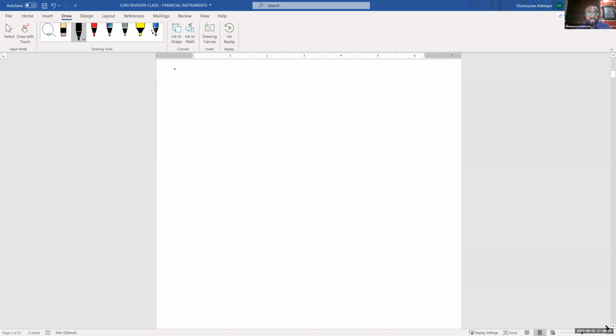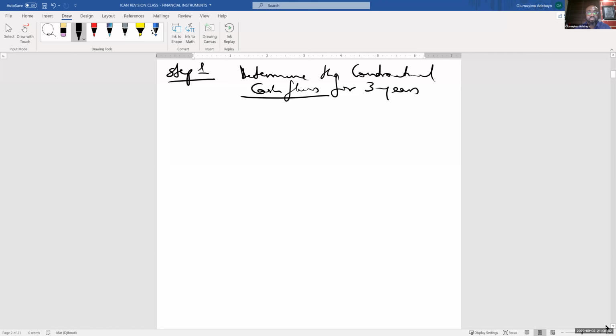We'll follow the steps. Step 1. We need to determine the contractual cash flows for 3 years. Year 1 to 3, there's interest, which is 12% per annum times 1 million naira.